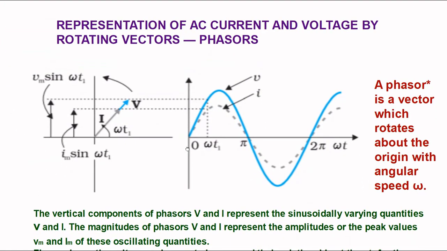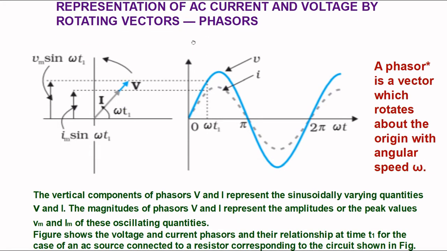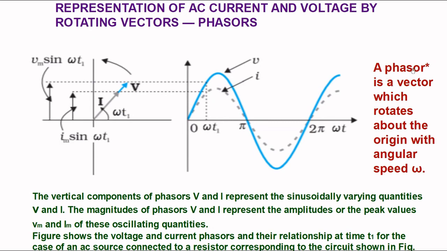Now let us see how to represent AC current and voltage by rotating vectors or phasors. What is a phasor? A phasor is a vector which rotates about the origin with an angular speed, say omega.